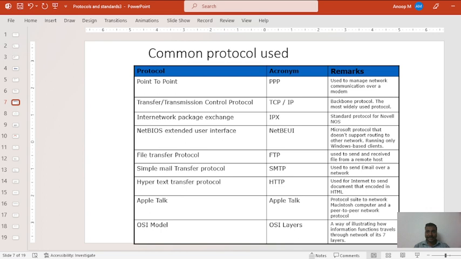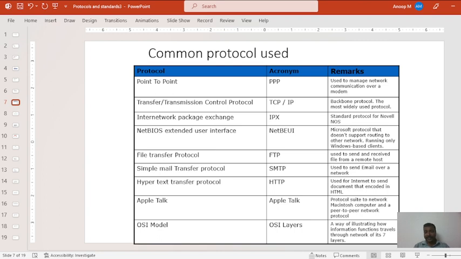In order to send a file from a remote host, we are using the protocol called FTP. We usually send mail to the groups in our contacts, and this can be achieved by means of the protocol called simple mail transfer protocol, SMTP.